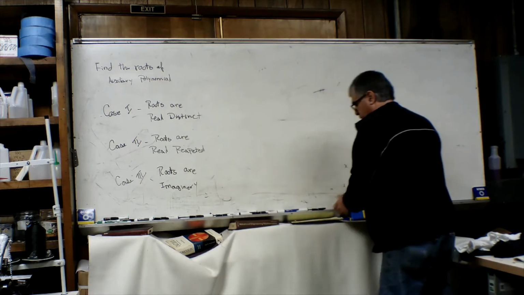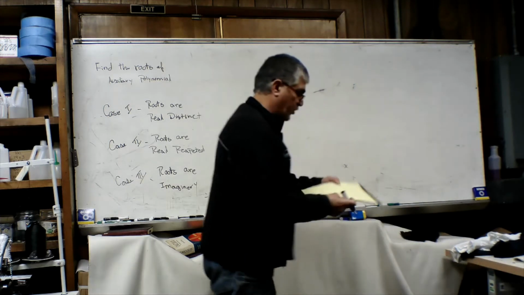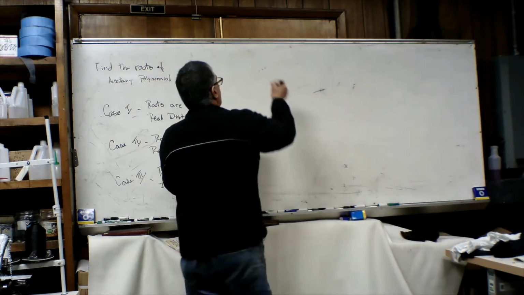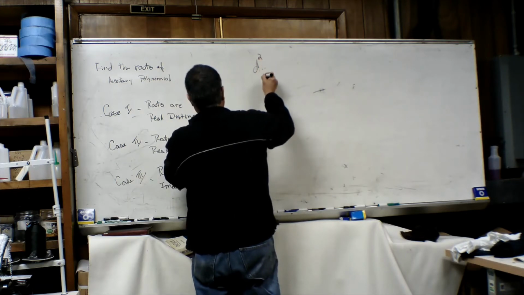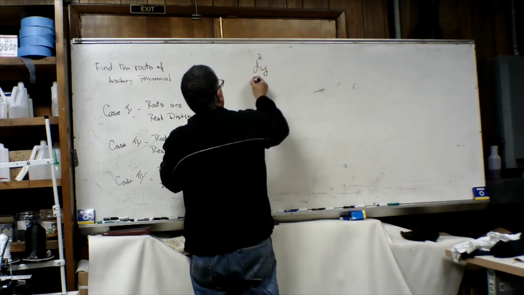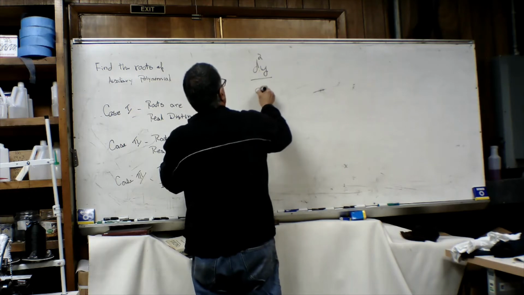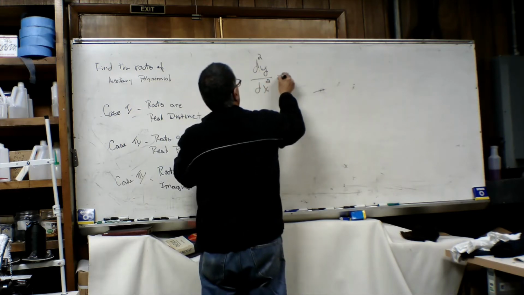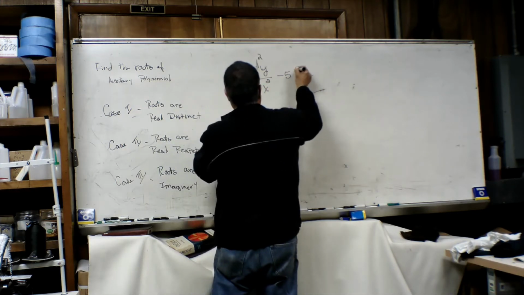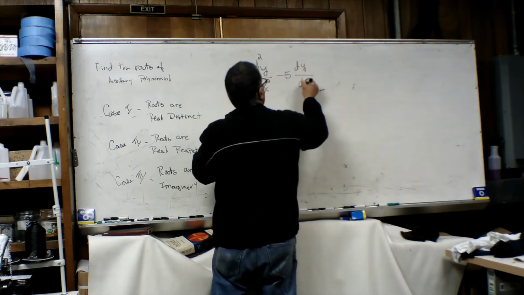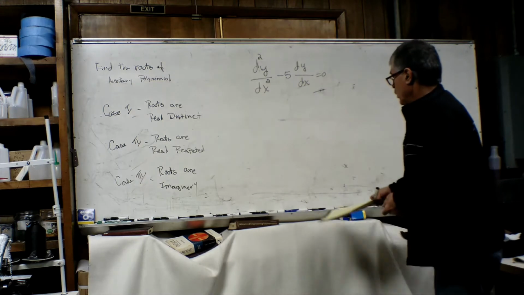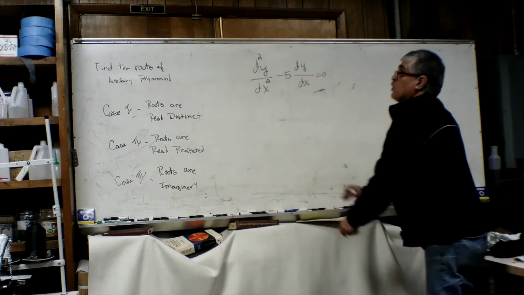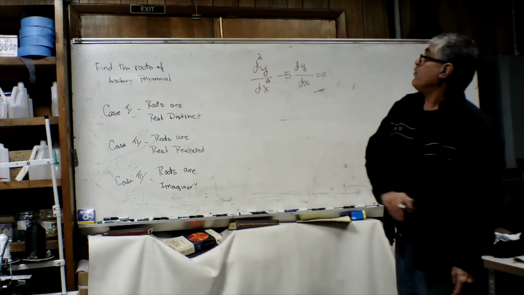Let's start with a basic example. I've written some problems here. Let's say we have a differential equation d2y over dx2 minus 5 dy over dx equal to 0. So the first step is to find the roots of the auxiliary polynomial.